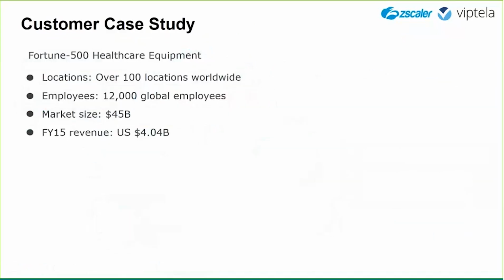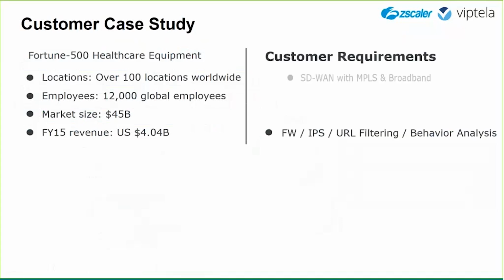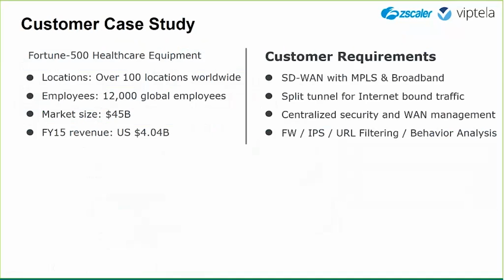The customer is a Fortune 500 healthcare equipment company. They did a recent presentation as well. The company is Agilent, with 100+ locations worldwide, extremely stringent from a regulatory compliance and security standpoint. And they have employees that are global, a pretty large company. So you can imagine it's an intersection of healthcare equipment, security constraints, highly regulated, and they need to make something work.